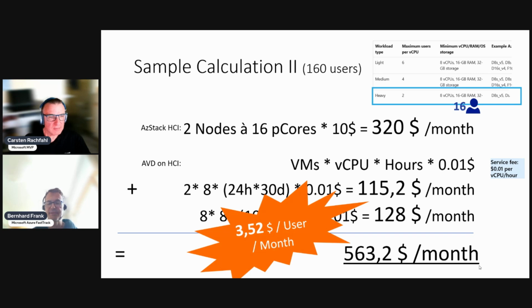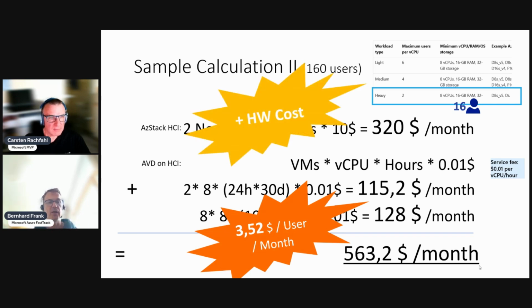However, we did miss the hardware costs, right? So you would need to add the hardware costs, the CapEx costs for the Azure Stack HCI hardware once you have designed the system, and put it into the calculation for cost per user per month. Carsten, you deal with hardware much more often than I do.